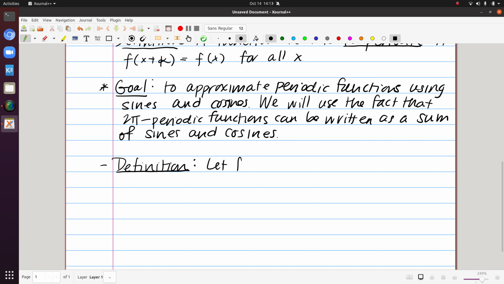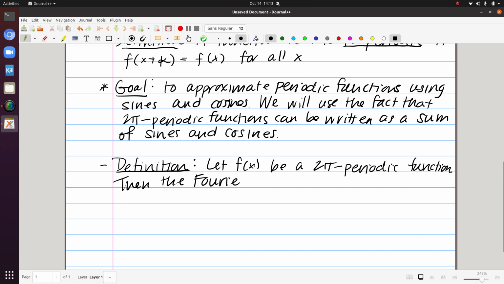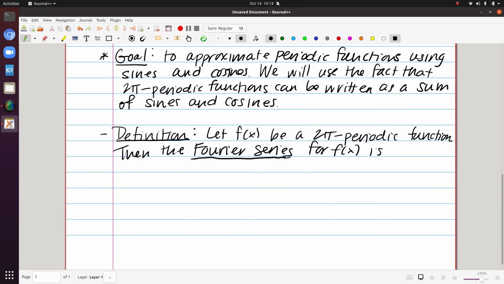So we're going to assume that f is 2 pi periodic. So let f of x be a 2 pi periodic function. Then the Fourier series of or for the function f of x is the following sum.